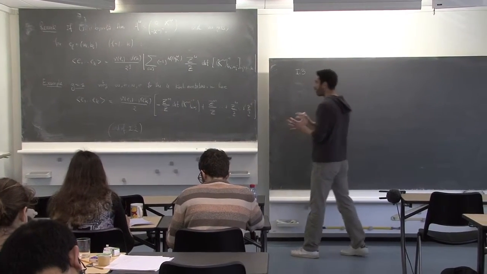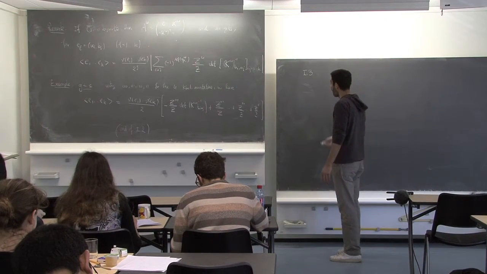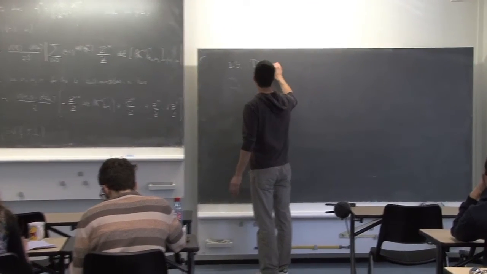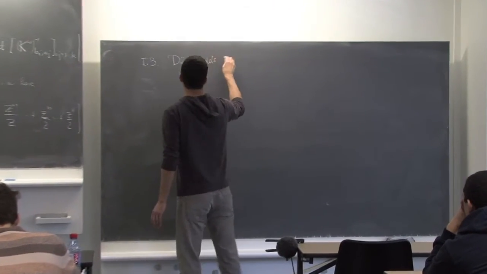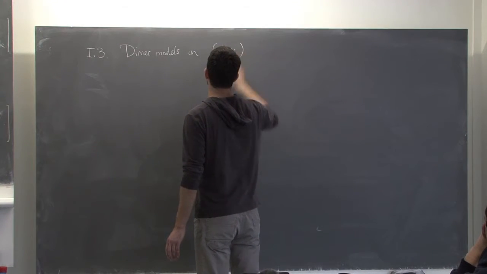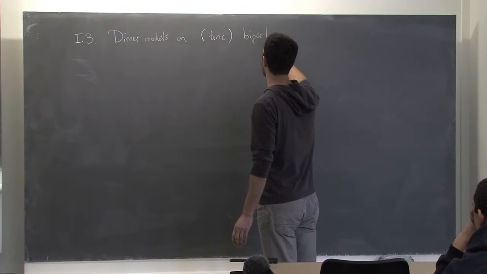We're being more and more restrictive, but we're going to be able to say more and more about the model. Dimer models on, I'm going to say toric in parentheses because it's not going to be only about these, but mainly toric bipartite graphs.